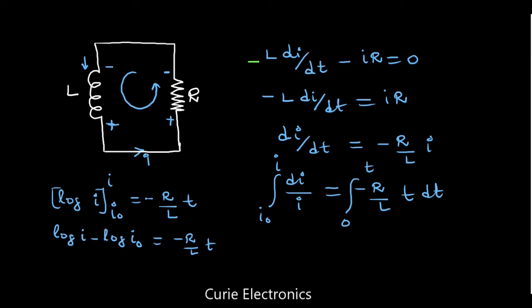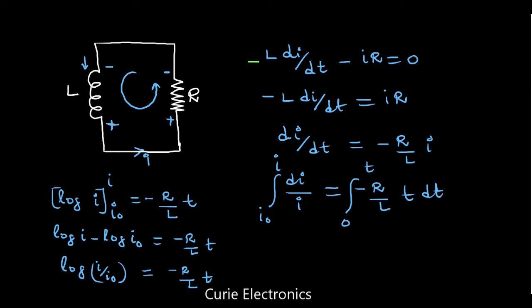Now if we apply the log rule, log a minus log b equals log of a upon b, we get log of I upon I0 equals minus R upon L t.